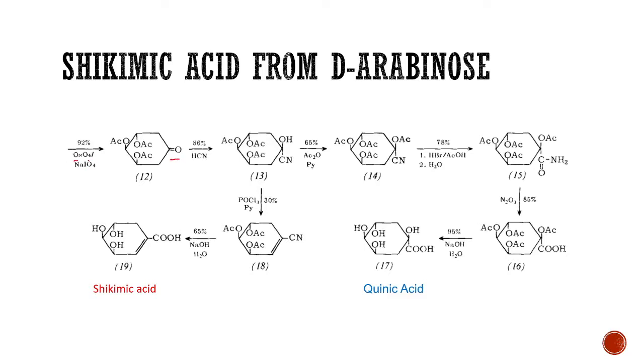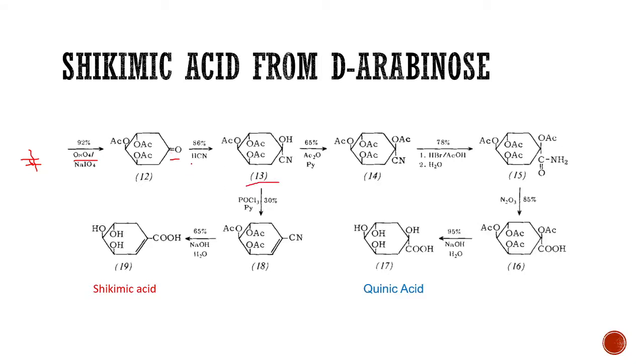It is a simple oxidation with OsO4. The double bond is converted to a ketone, with loss of the formaldehyde derivative CH2. So this is a simple OsO4 oxidation of a double bond to a carbonyl. Then the next step is very important.